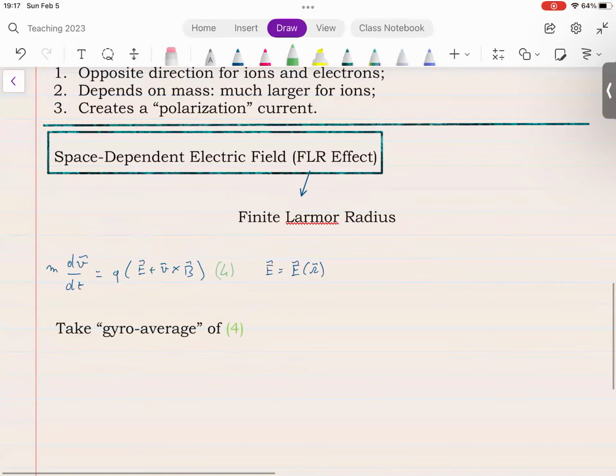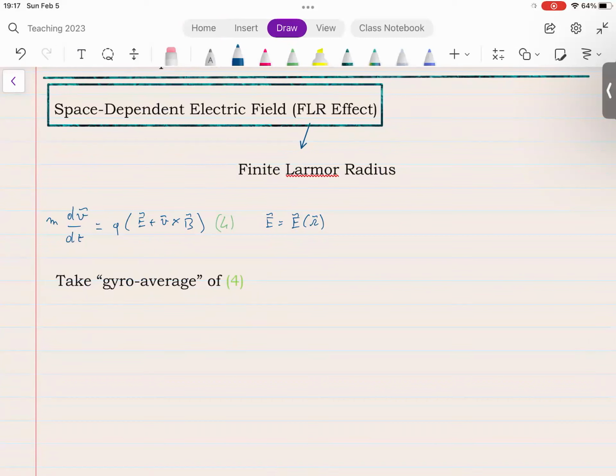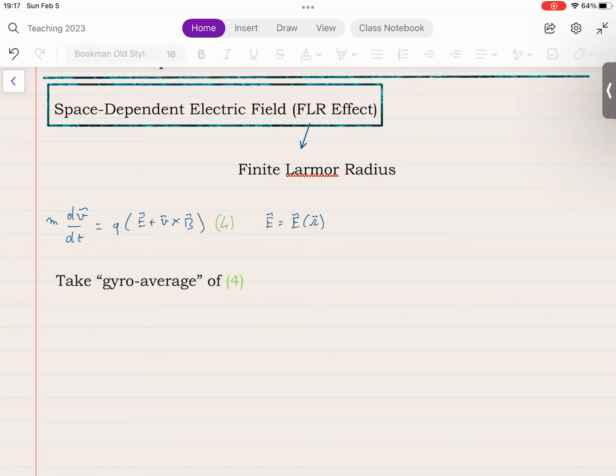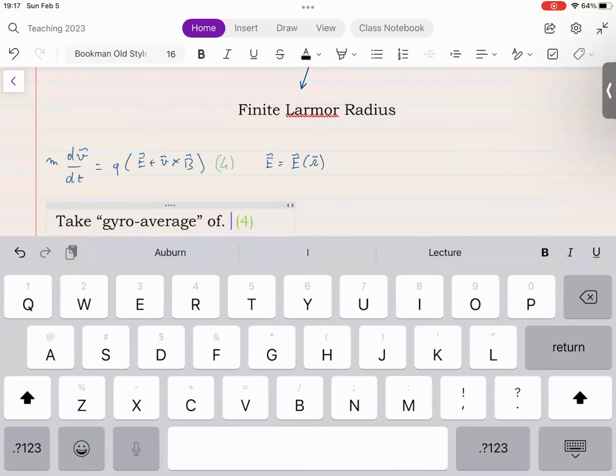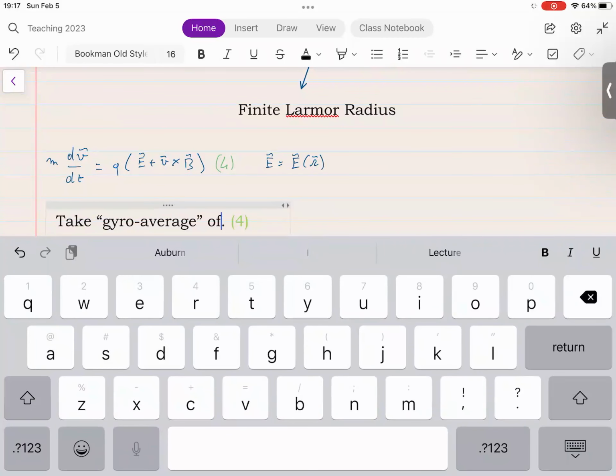Okay. Let's see what that looks like. I'm going to take the gyro average of that equation.